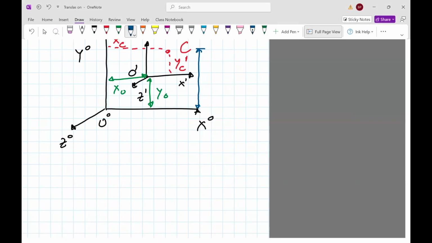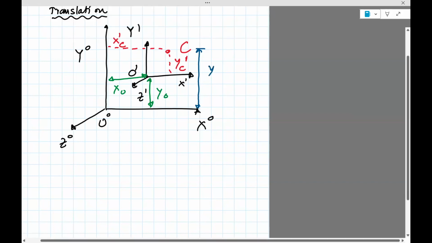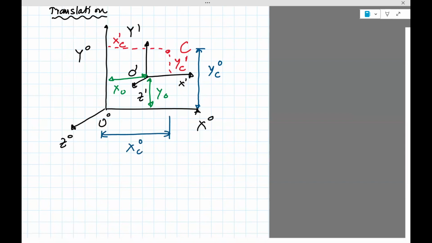So this is going to be y of point C in frame 0. And then similarly, there will be x of point C in frame 0. So that's just getting used to the vocabulary we'll be using in this course.